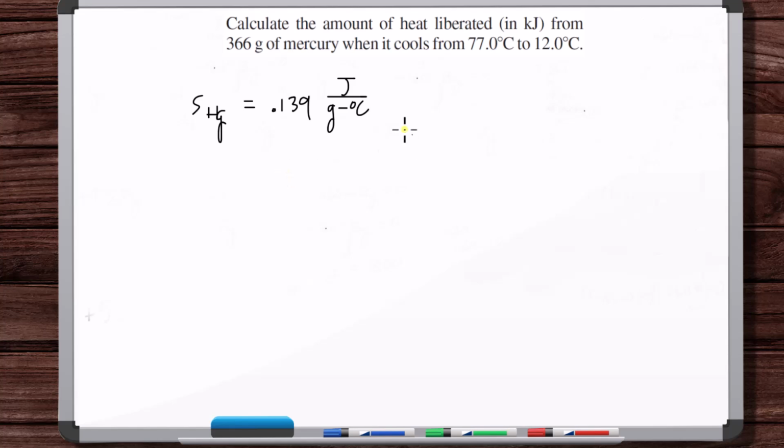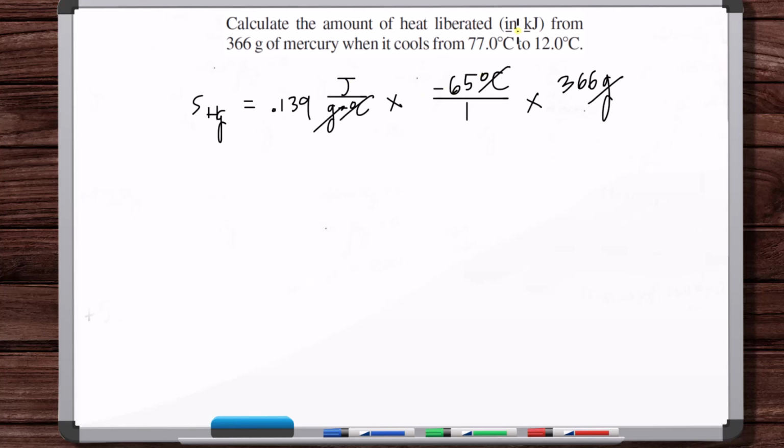All right, so we're going from 77 to 12. So 77 minus 12 is 65, but it's negative, right? The temperature decreases. T2 minus T1. Okay, what else? Now, how many grams are there? 366 grams.